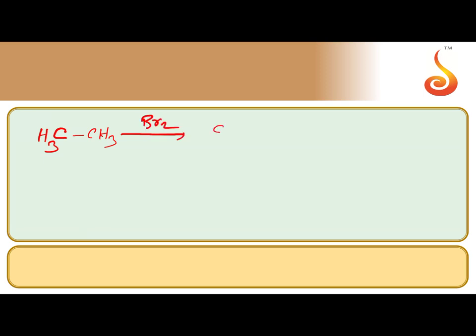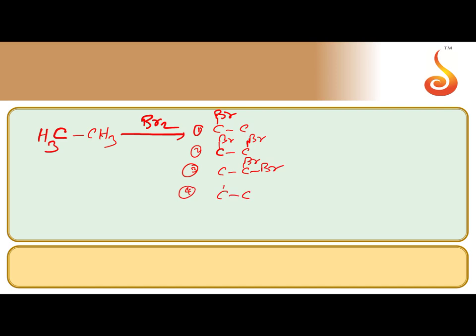First monobromoethane, second dibromoethane, where 2 hydrogens are replaced, but one is a vicinal dihalide and the other is a geminal dihalide. So 2 types of dibromoethanes are possible.